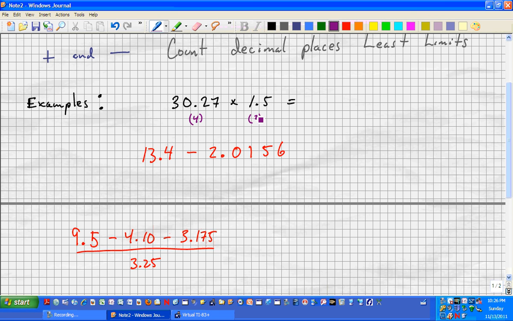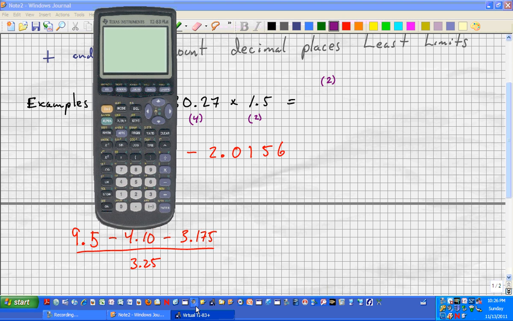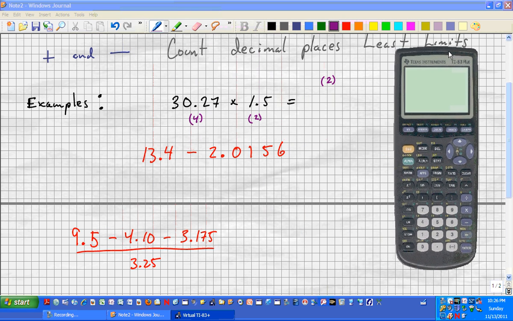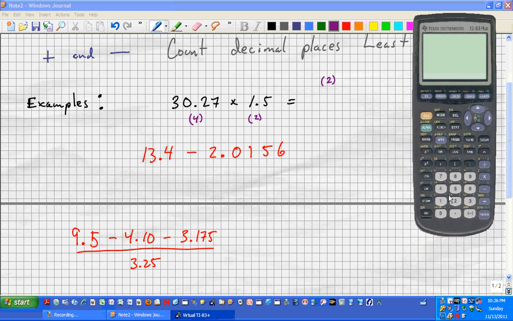I've got 2 sig figs here. So the least number of sig figs in this operation is 2. My answer should go to 2 sig figs. So I'm going to grab a calculator, do my calculation, get a calculator answer, and then round it to the right number of sig figs.